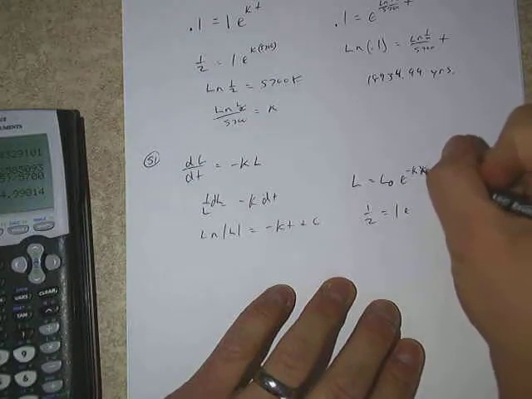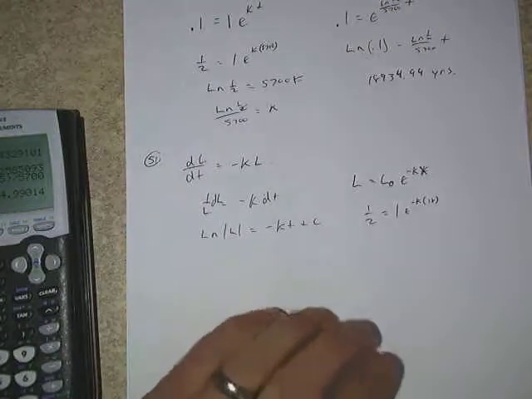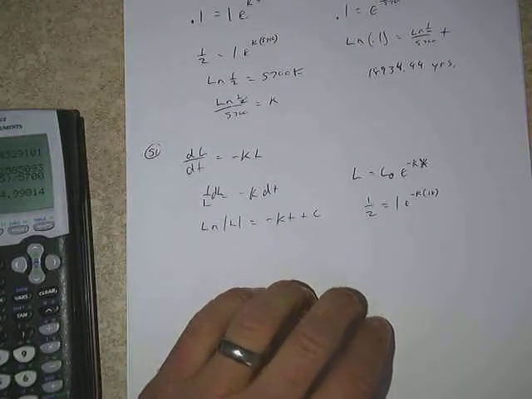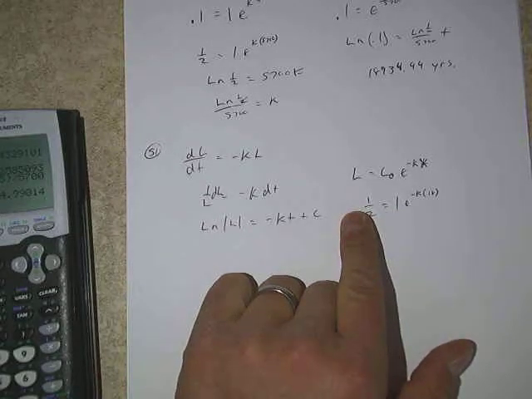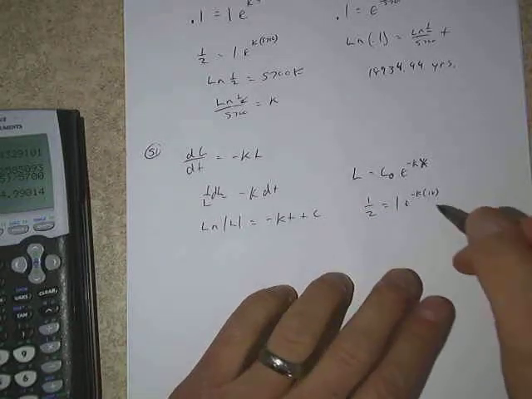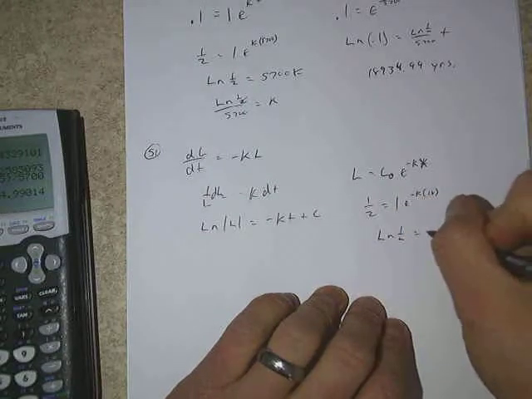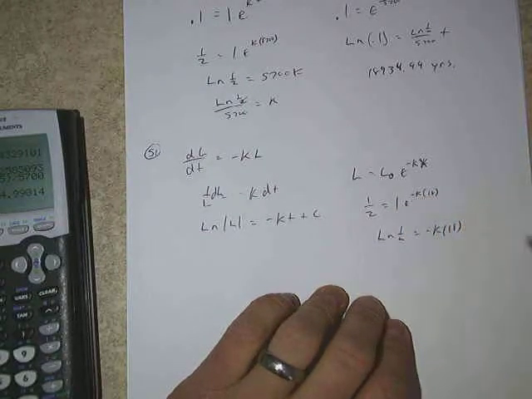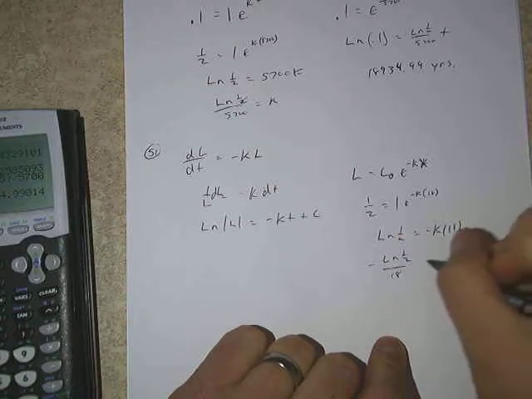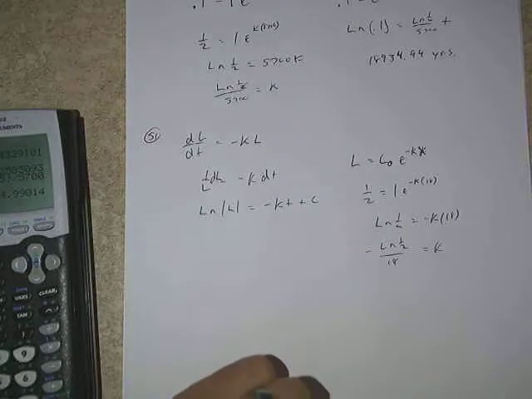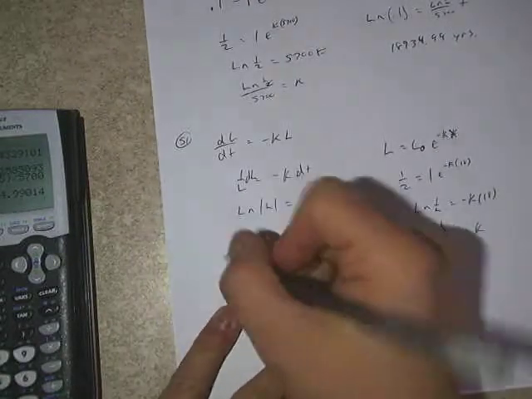Knowing that at 18 feet the light intensity gets cut in half, if I consider the light intensity to be 1 at the surface, half would be, actually that's an x right there, so it would be negative k times 18.